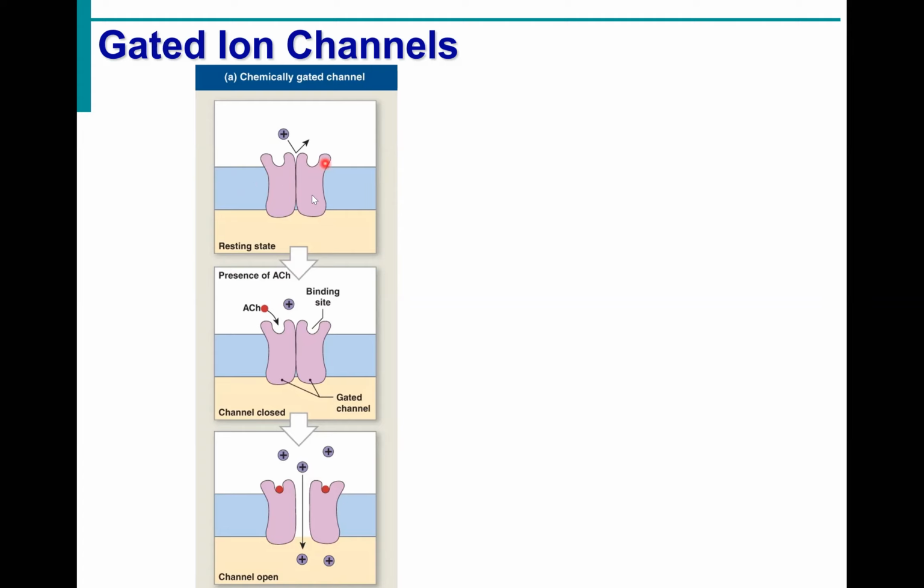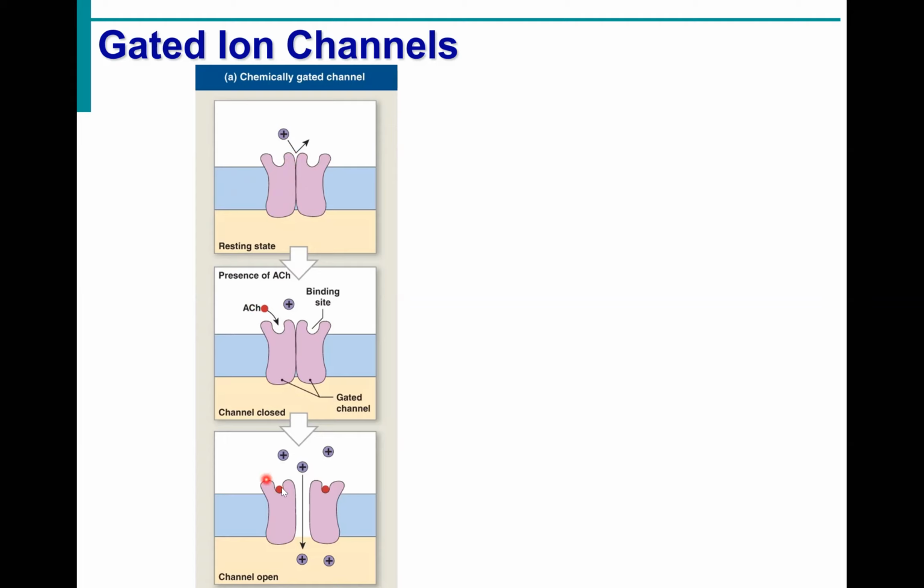So this is essentially what our chemically gated cation channel was. Notice it starts in a closed state, and our poor little positive ion can't get through. But when a chemical binds to it, and look, conveniently enough, that chemical is acetylcholine.